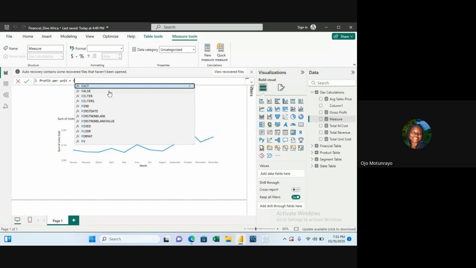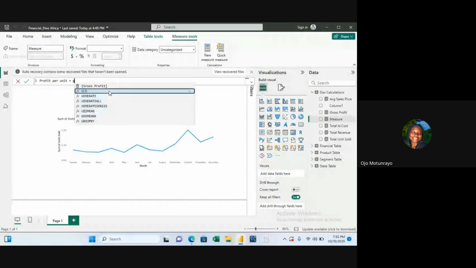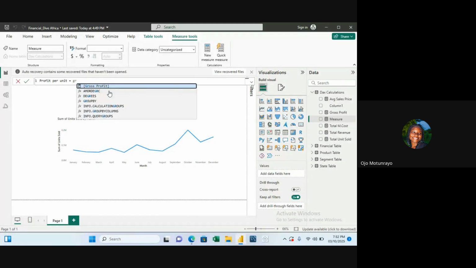Okay, Shukura said gross profit over total units sold.